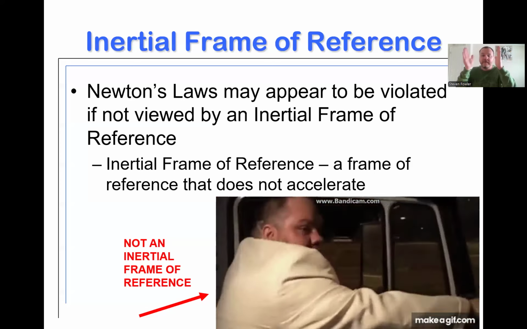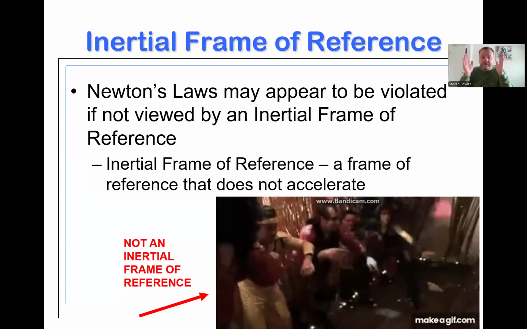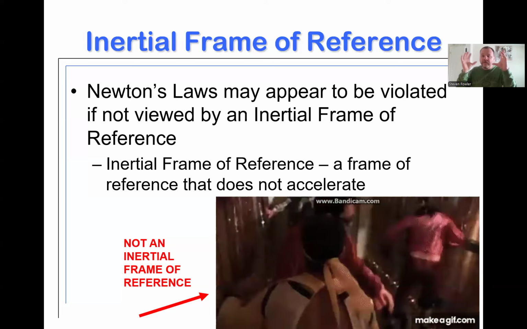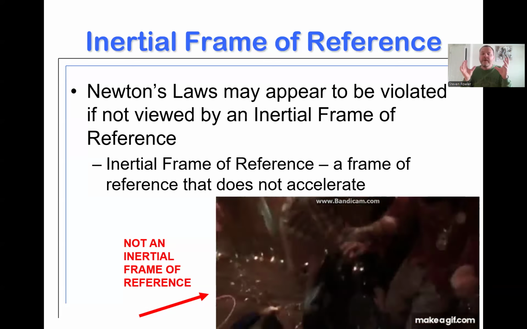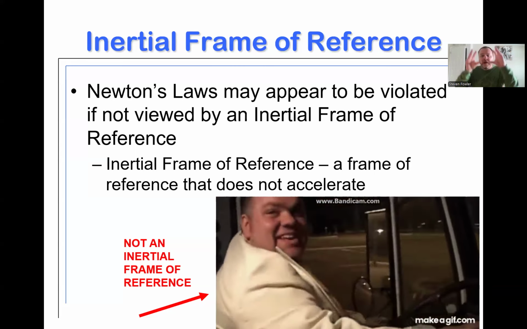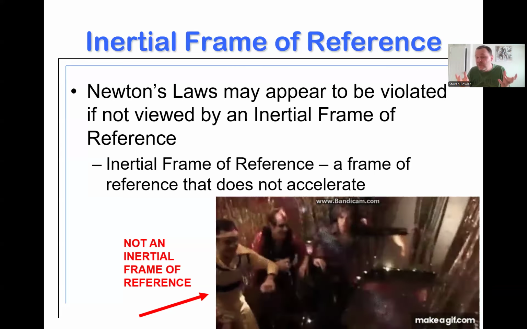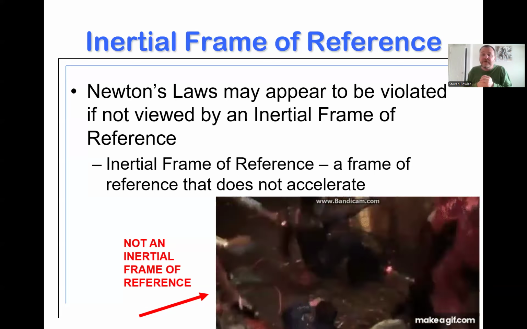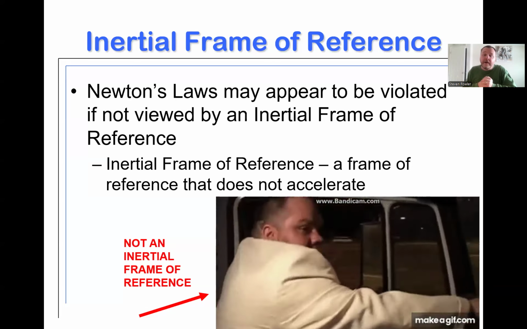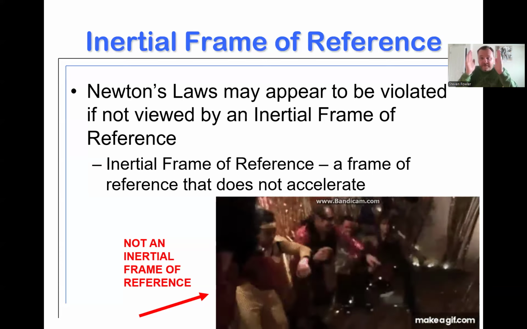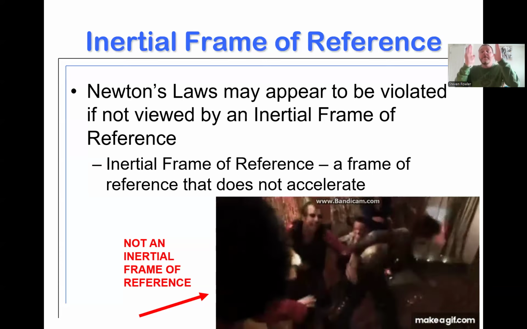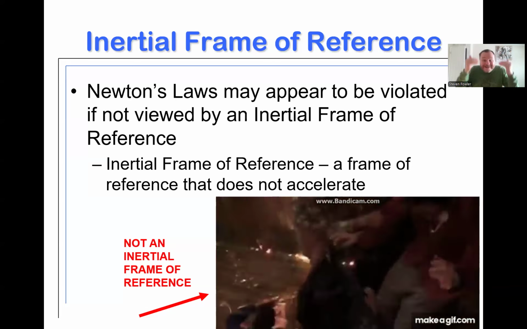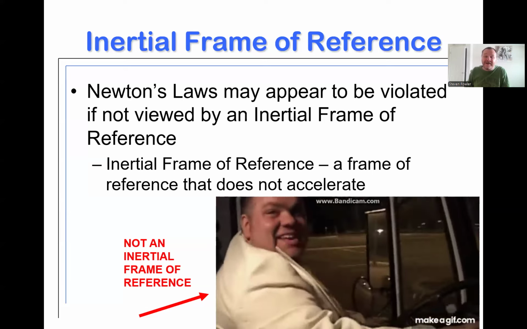It's because the frame of reference of the person recording the video is changing. The frame of reference is being accelerated. Therefore, the objects around them might appear to change their motion relative to the person observing. And that's not actually what's happening. It's that the person doing the observing, the person doing the recording, their motion is changing, and everybody else around them is trying to stay moving at a constant velocity.